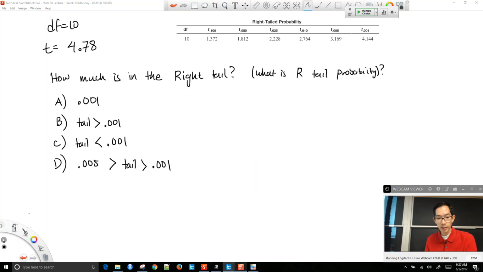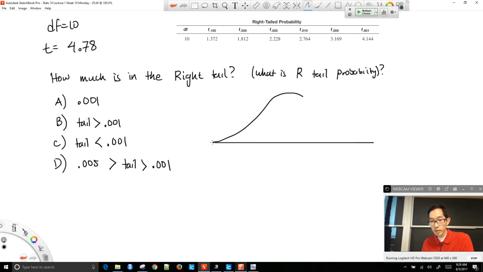Okay, so the diagram, if we take a look at this, when we look at the value t equal to 4.78, we see it is over here, which means our tail must be on this side.